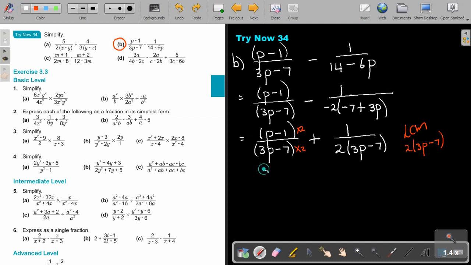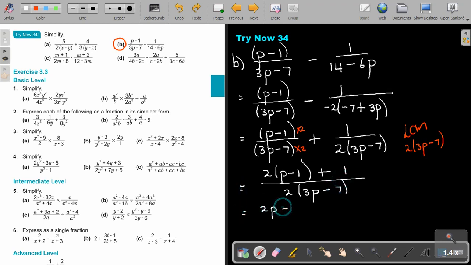So I'm going to get 2 times P minus 1 plus 1 over 2 times 3P minus 7. That is 2P minus 2 plus 1 over 2 times 3P minus 7.